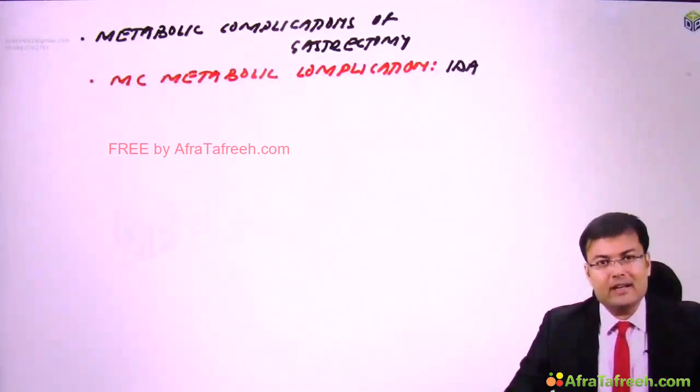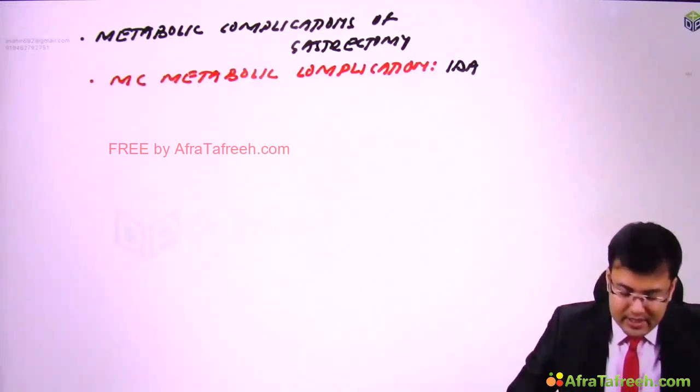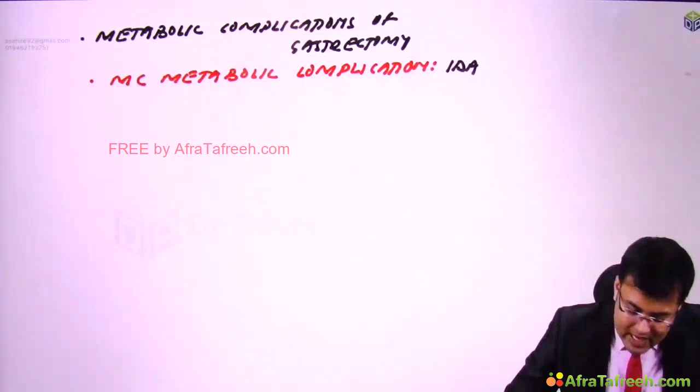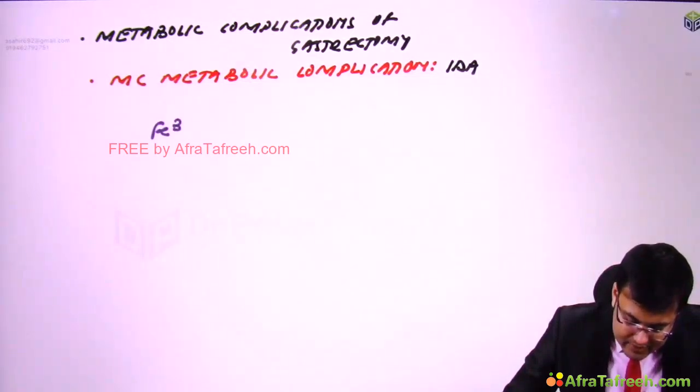Now why is there iron deficiency anemia after gastrectomy? See, generally whatever iron we take, it is in Fe3+ form, and after that it is converted into Fe2+ form because of acid.